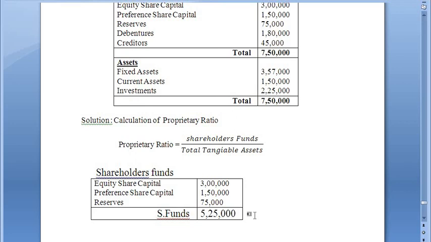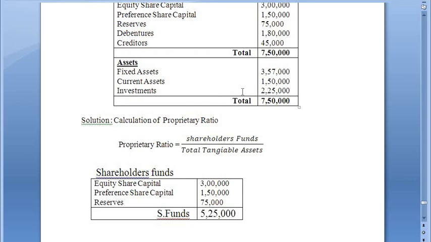The calculation of total tangible asset is simple. Check the asset side. The amount of fixed asset is given, current asset is given, and investment is given. Here we don't have any information regarding intangible assets. So we assume that whatever assets are there, these are tangible assets.